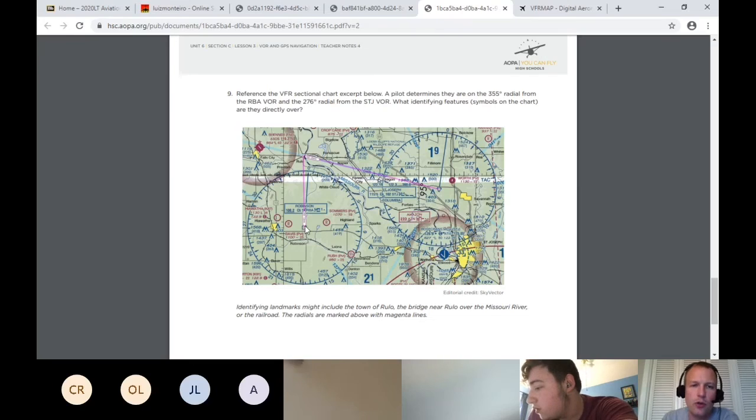So what you do is you draw a line 355 degrees from the RBA Robinson, and you draw a line 276 degrees from St. Joseph. And again, that cross radial, where those two lines intersect, that's your location. In this case, we can see we're kind of right over here, what is that, Rulo, Mississippi.